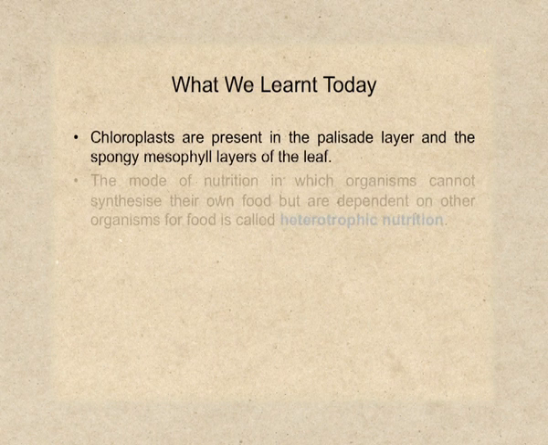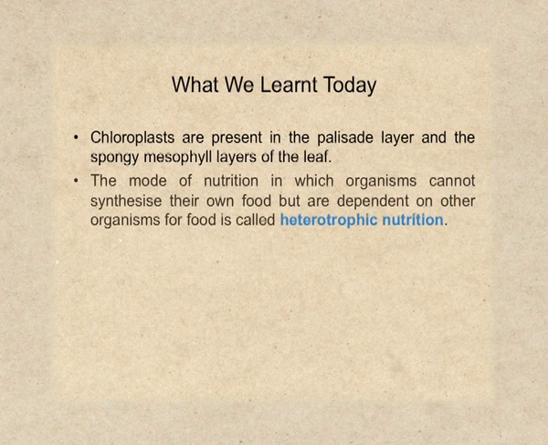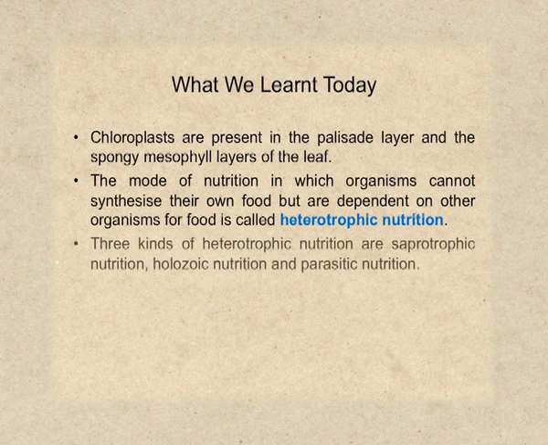The mode of nutrition in which organisms cannot synthesize their own food but are dependent on other organisms for food is called heterotrophic nutrition. Three kinds of heterotrophic nutrition are saprotrophic nutrition, holozoic nutrition and parasitic nutrition.